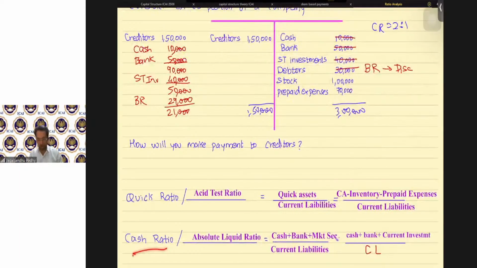Now, cash ratio or absolute liquid ratio is another level of this quick ratio, which is even more strict, which simply talks of the numerator being cash, bank, and marketable securities divided by the current liabilities. So these were all strictly speaking the cash ratio that we had.